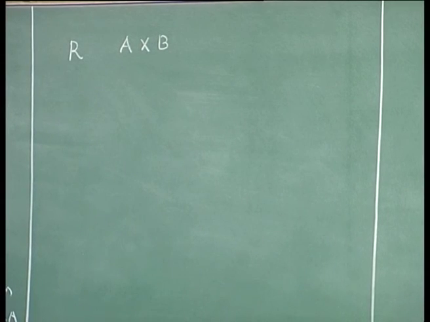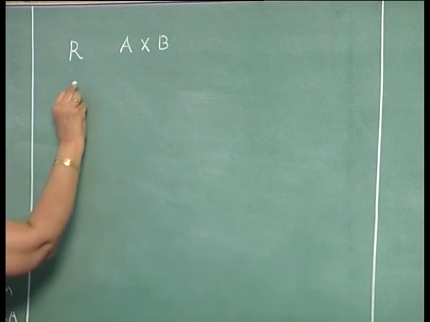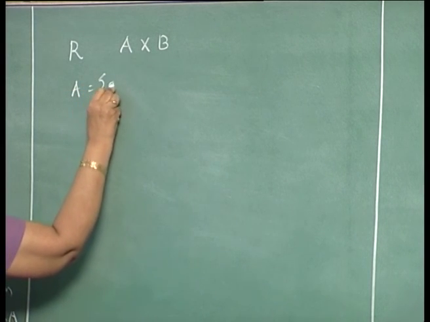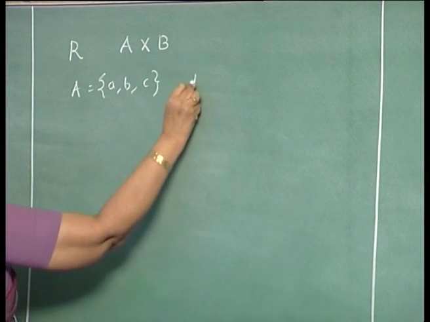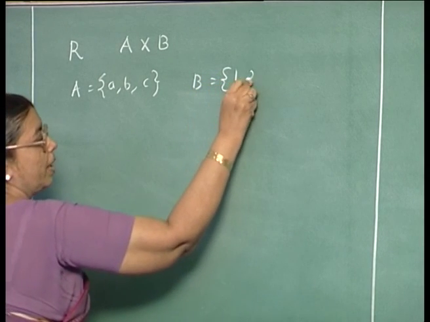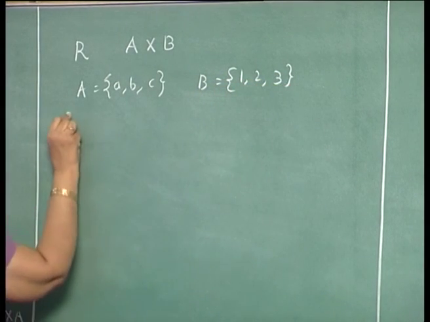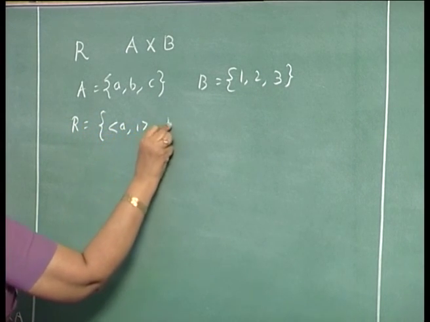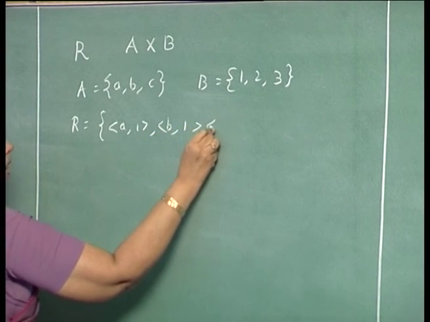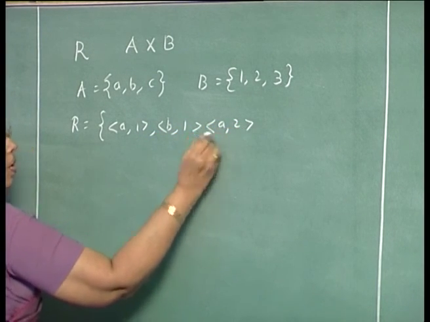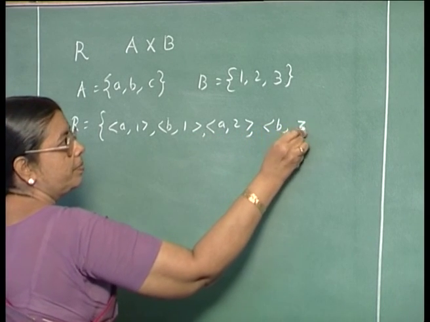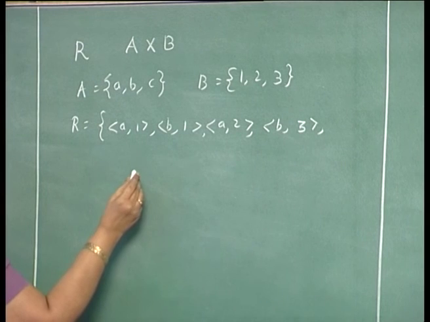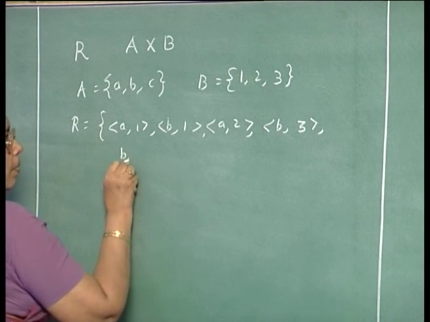In this example, it happened to be that the binary relation is on A cross A. Supposing R is on A cross B, take A to be say {a, b, c}, B to be say {1, 2, 3}, and R consists of the following ordered pairs: a1, b1, a2, b3, b2.